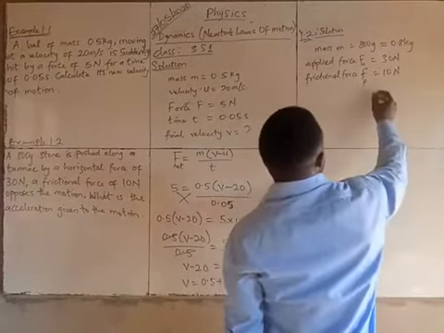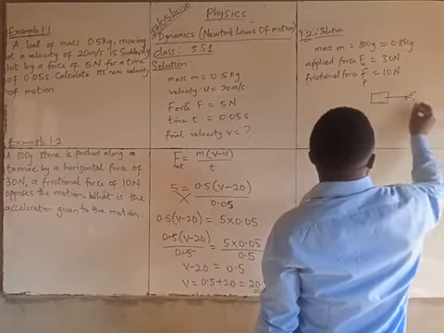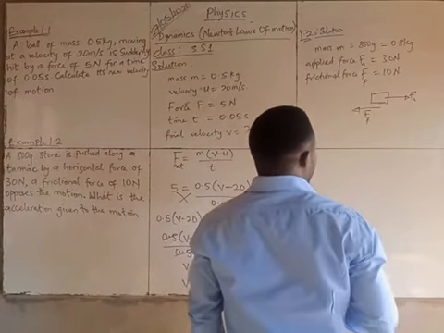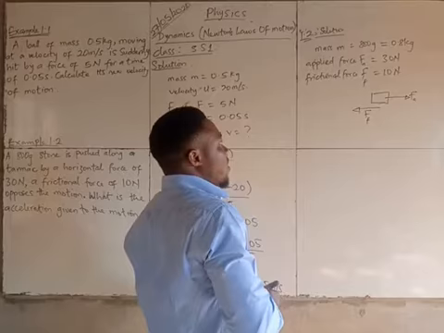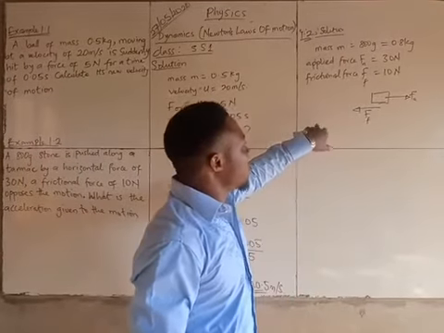And we have something like this. This is F applied and this is the frictional force. You can see the frictional force is opposing this motion. 30 Newton was applied, while 10 Newton opposes this motion.